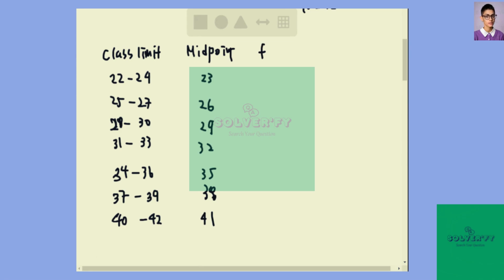Class frequency: you can use the data directly from the frequency histogram. The frequencies start from 1, 3, and 0, then 6 and 5, 3, 2.